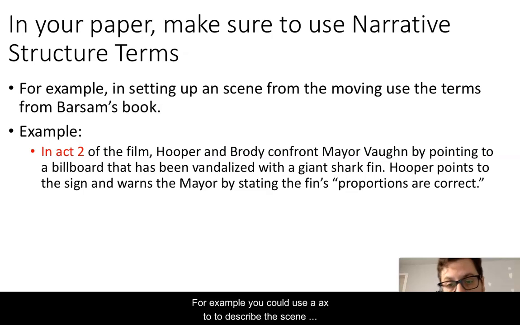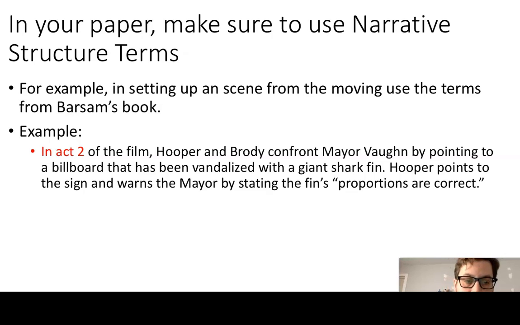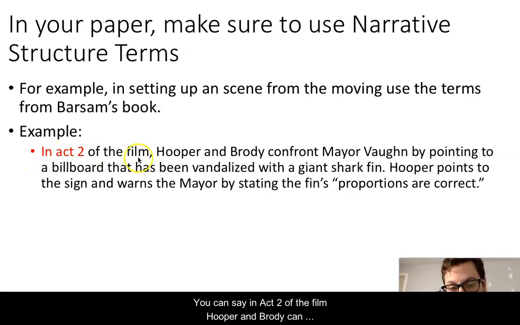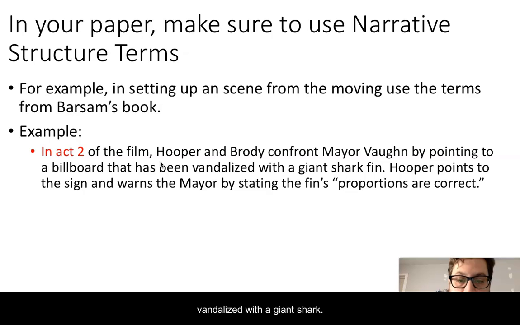So, for example, you could use Act 2 to describe the scene where Hooper and Brody are trying to tell the mayor that the proportions of the shark on the billboard that has been vandalized are proportionally correct. So you could say, in Act 2 of the film, Hooper and Brody confront Mayor Vaughn by pointing to a billboard that has been vandalized with a giant shark fin. Hooper points to the sign and warns the mayor by stating the fin's proportions are correct.